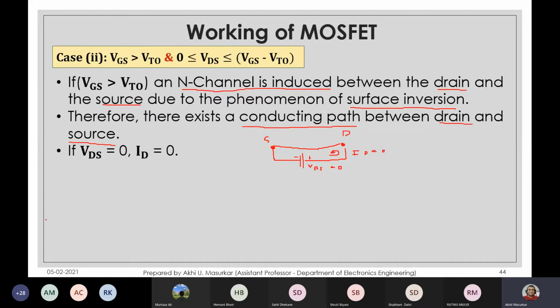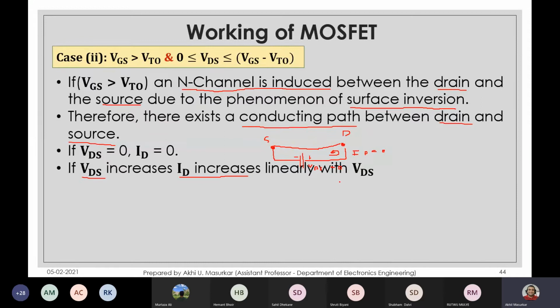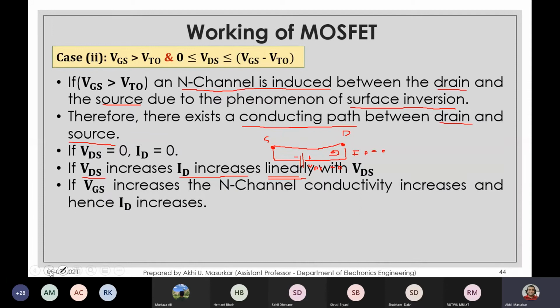That is common sense. Now, if VDS increases, naturally ID will also increase, most importantly, linearly with VDS. Hence, if VGS increases, the N channel conductivity increases. Please note these words, I am underlining them.